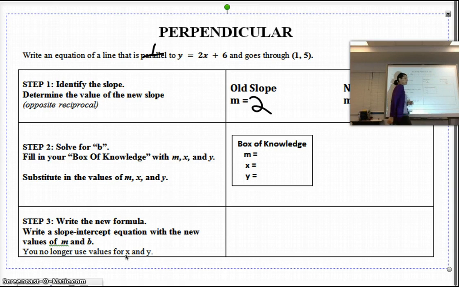You just told me opposite reciprocal, right? That's what we're thinking because we're thinking perpendicular line. Now we need our box of knowledge again. I'm always going to use my new slope in this box of knowledge. What's my new slope? Thank you. Where are my x and y going to come from? 1 and 5.